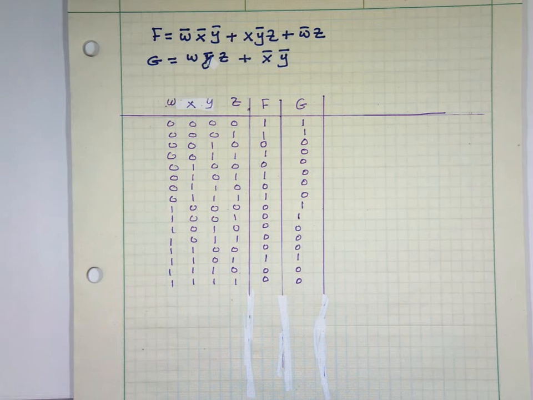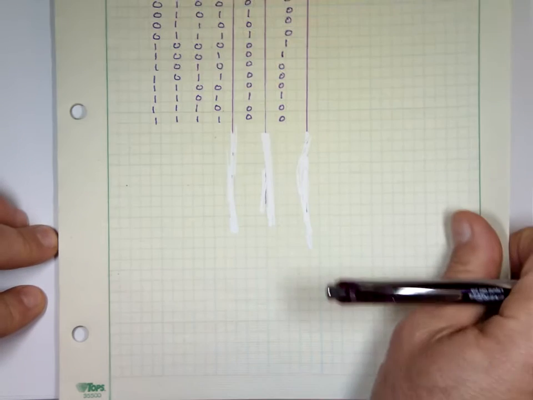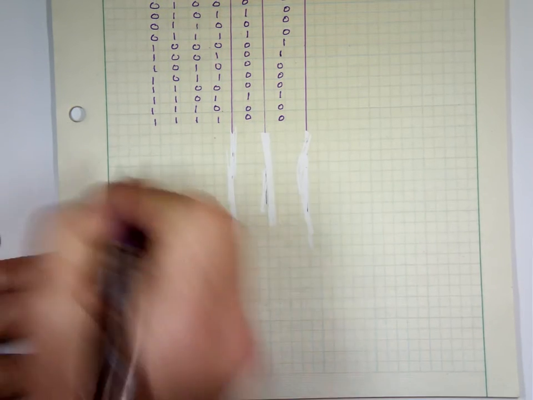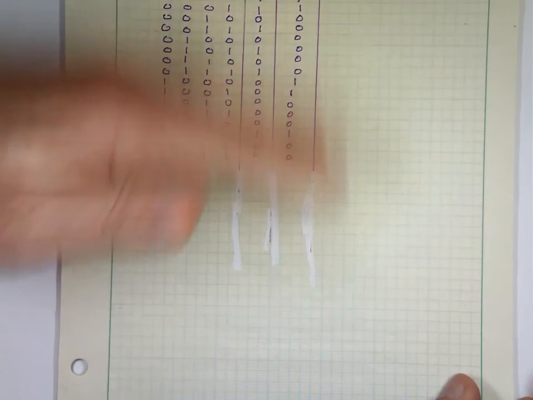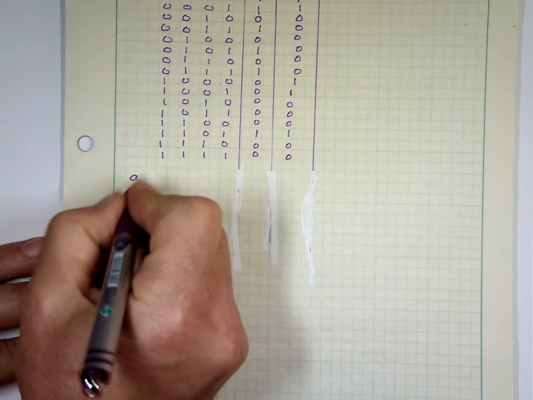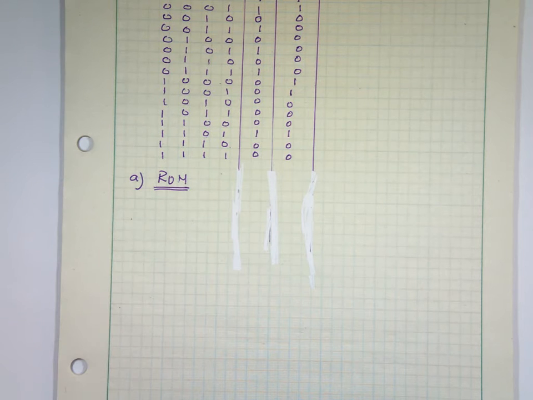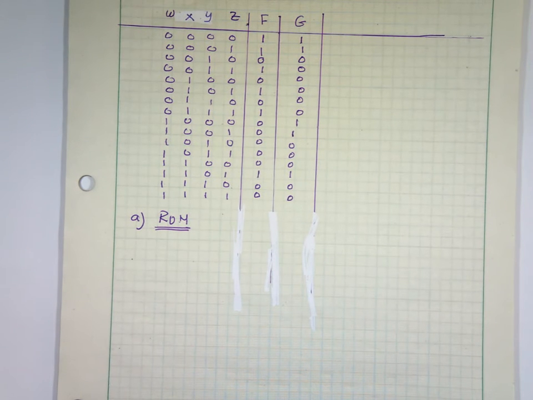Now, again, if I'm going to design this using my ROM, that's the first option. Implement this using a ROM. So here's part A. ROM. I don't know if I can fit that on this page.